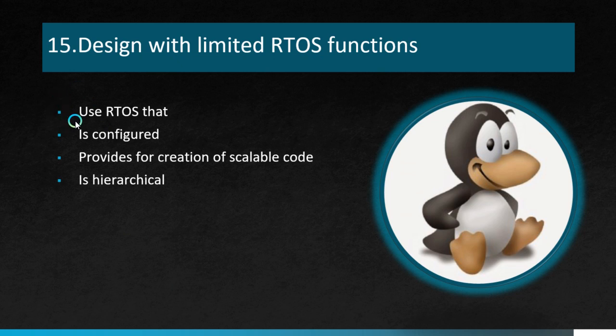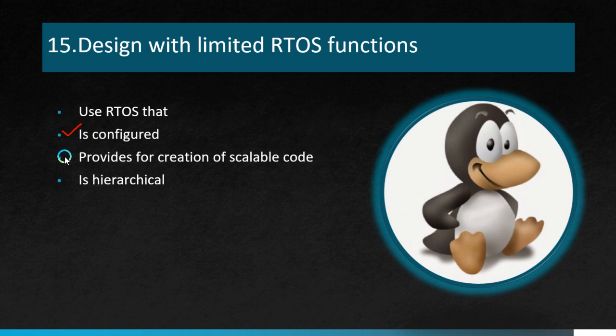In the 13th design principle, we have seen that it aims to reduce the number of RTOS functions. So there are a set of facts that we have to consider while using an RTOS. First one, use an RTOS which can be configured. That is, the RTOS enables the limited RTOS functions. For example, if a queue is not used during execution, then the code of the embedded system disables it during running.